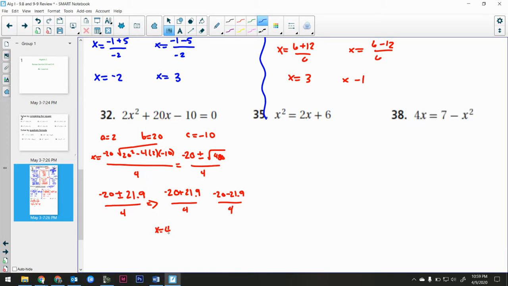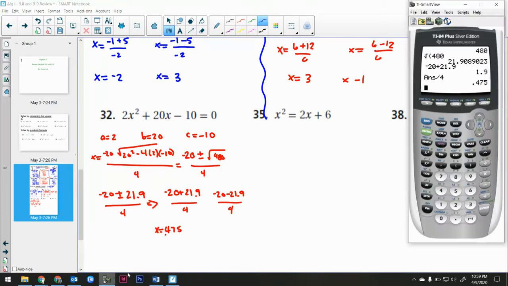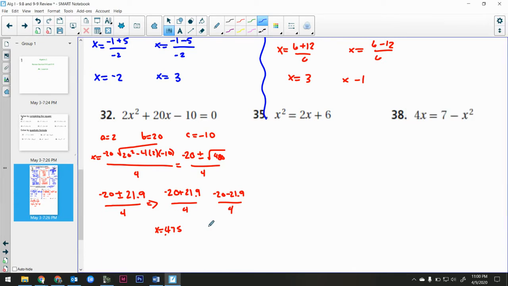X equals 0.475. And then I do the negative 20 minus 21.9, all divided by 4. Negative 10.475. Okay, that's my answer there.